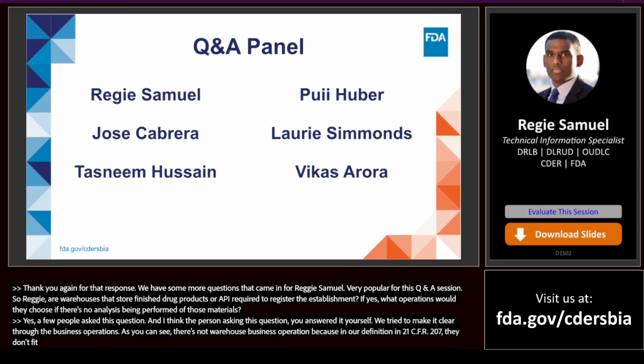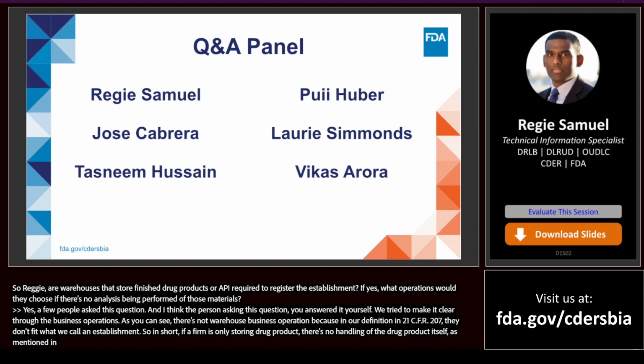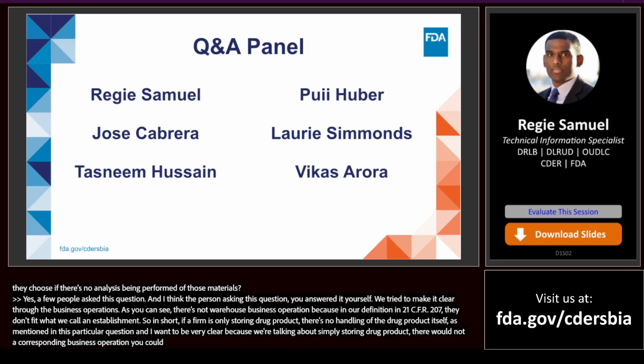So in short, if a firm is only storing drug product, there's no handling of the drug product itself. I want to be very clear that we're talking about simply storing drug product. There would not be a corresponding business operation. A firm that's only storing drug product would not be able to register as an establishment.